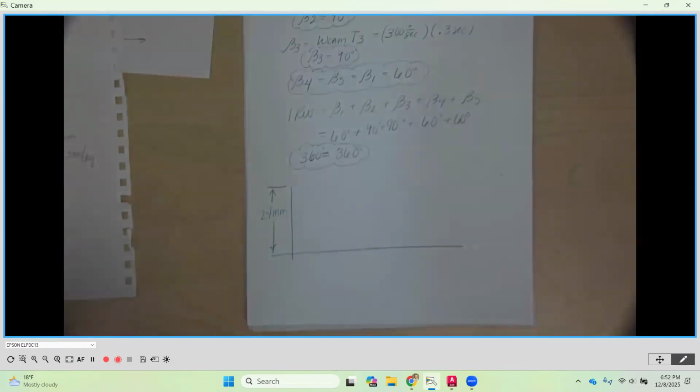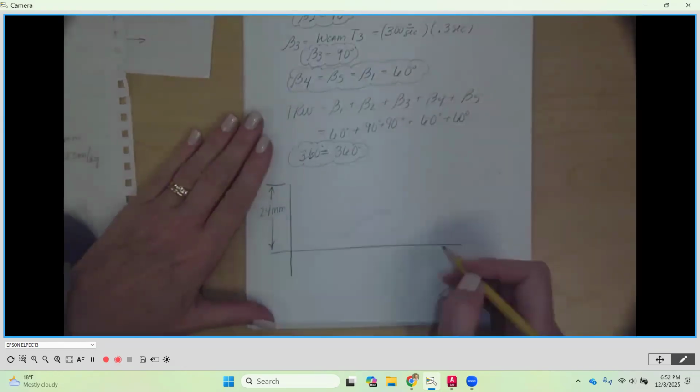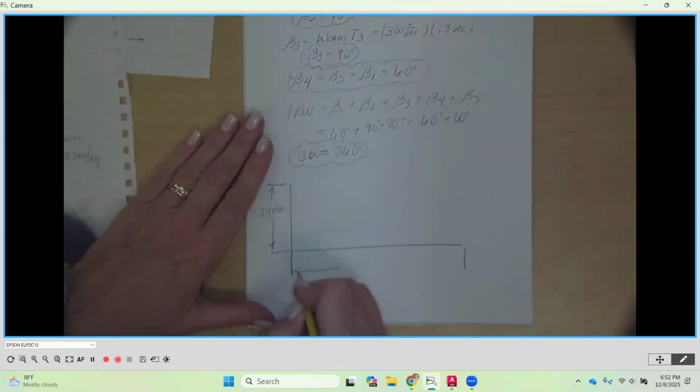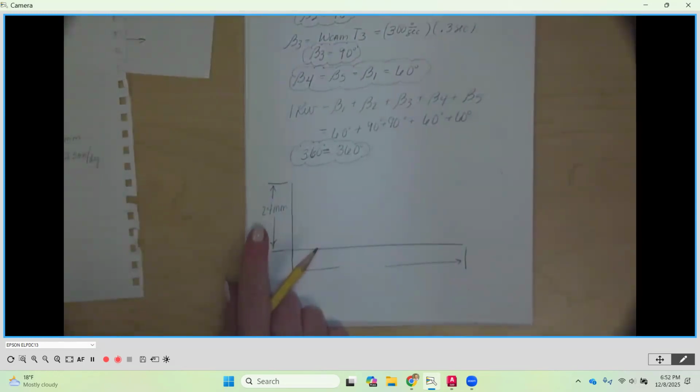It's pretty close to 25. If I'm going to make the length of my displacement diagram 3 times the height, instead of using 24 times 3, I'm going to use 25 times 3 just to make it a nice number. Does that make sense? If you use 24 times 3, that's totally fine.